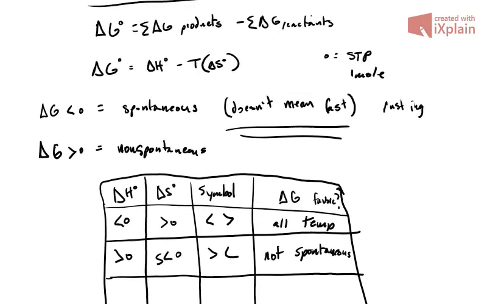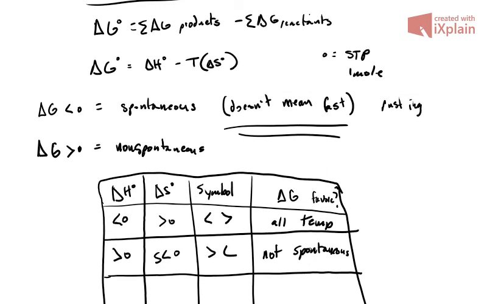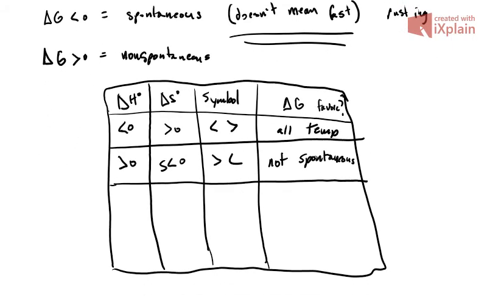If we have a negative entropy value and a positive enthalpy value, this equation will never be negative. It doesn't matter what the temperature is. It will never be a negative G, so it will never be spontaneous. All right. I think we have 2 more.